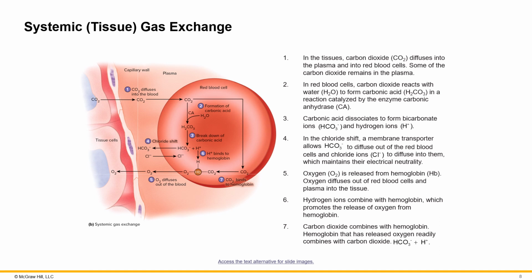Now, in the tissues, we're going to repeat this diagram in lab. We're going to go over this in person fairly well. But in the tissues, the opposite process is happening. So here, this is your blood capillary. This is your tissues right here. Your tissues are producing carbon dioxide.